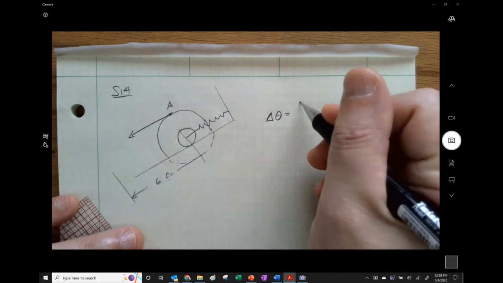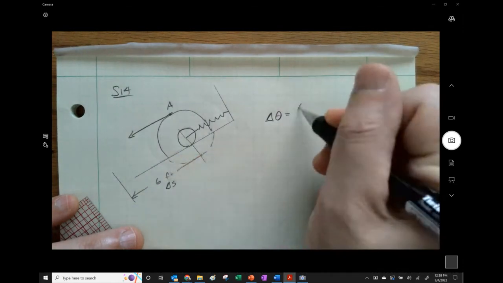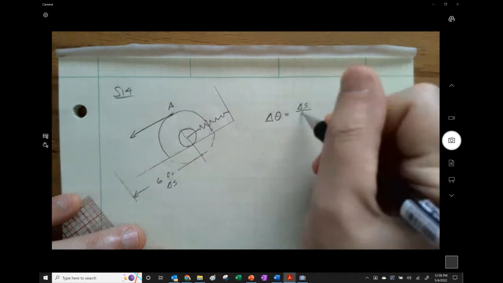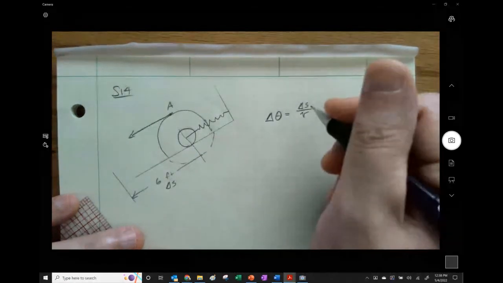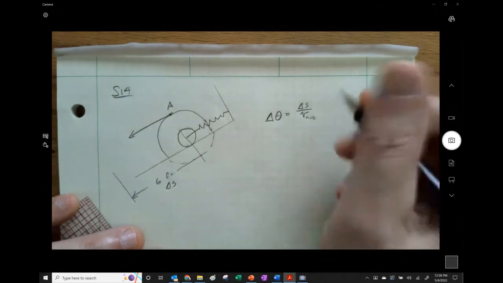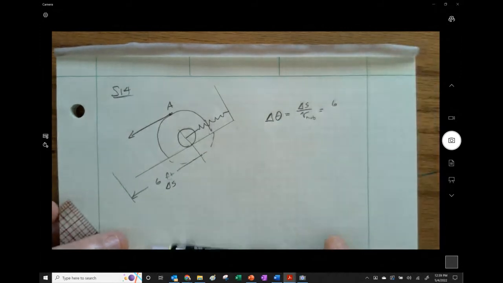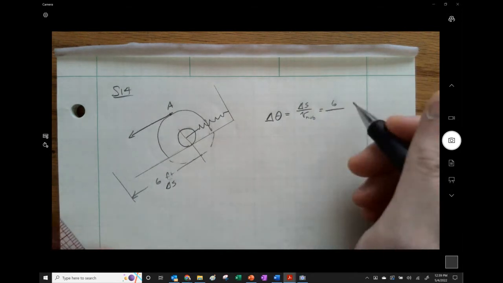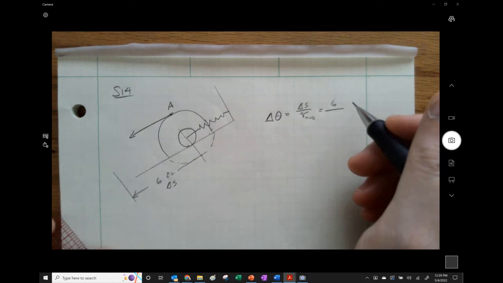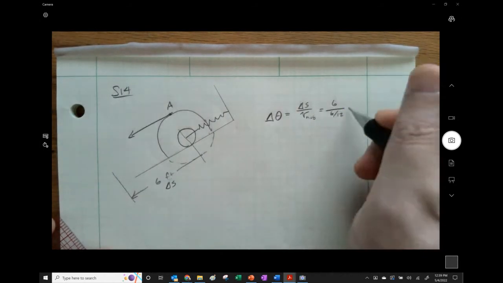So what we really have is, let's see, what did I use, I call this delta S, by the way. So we have delta S divided by that little radius, which I didn't give a name for. I guess I called it hub in the supposed solution. So that was 6 feet, and 6 inches, right? Divided by 12 right there.